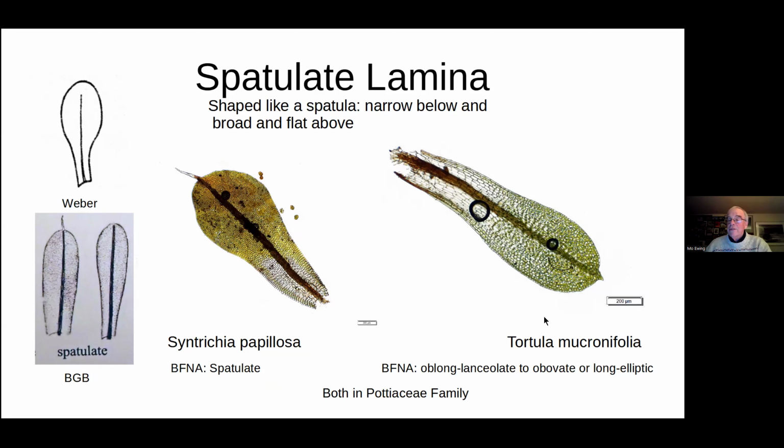Maybe it means that, I don't know. Or they said it's long elliptic. An elliptic just means that it's shaped like an ellipse. With Tortula, the leaves probably do oblong lanceolate and elliptic, so that they would be more like an ellipse. They'll vary. All these things will vary.